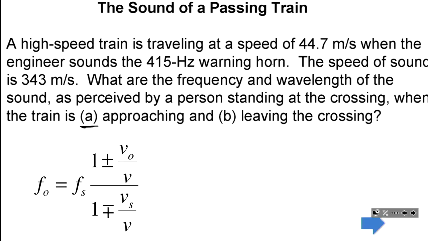Problem number 1, when the train is approaching, what do we have to show in your picture? You have to show the source, how it moves, an observer, how it moves if it's moving, and wavefronts or waves traveling in a specific direction, those waves which reach the observer. So you have to draw that picture.